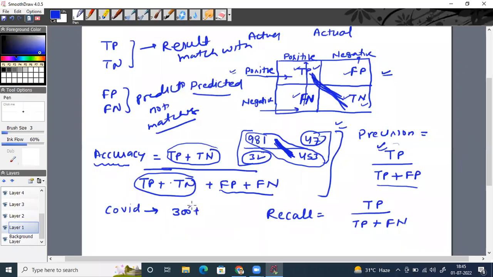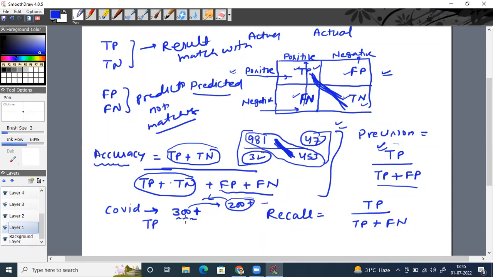Out of these 300, 200 are COVID positive. All these 300 were actually COVID positive, but your machine learning model says only 200 of them are COVID positive, right? So 100% these are coming from the positive class.